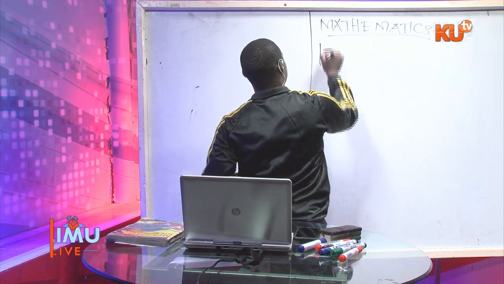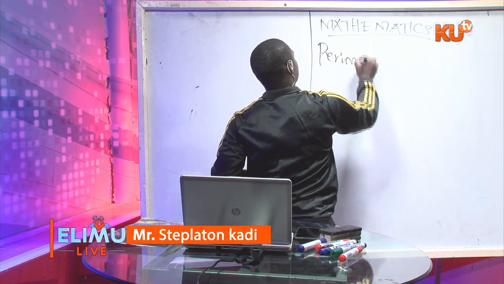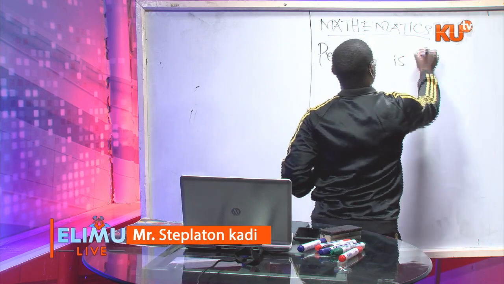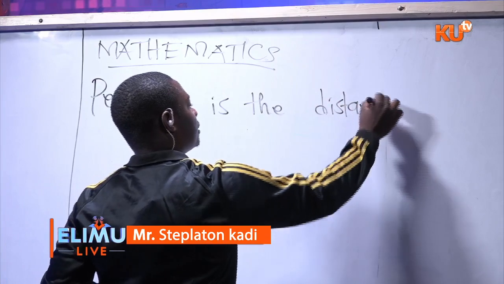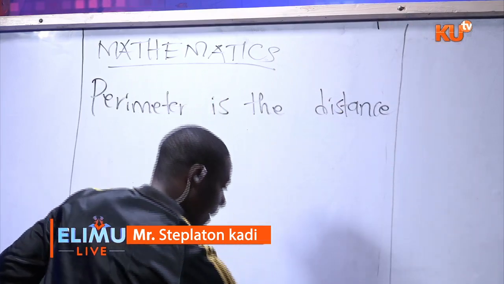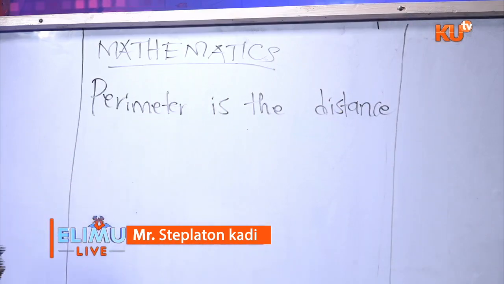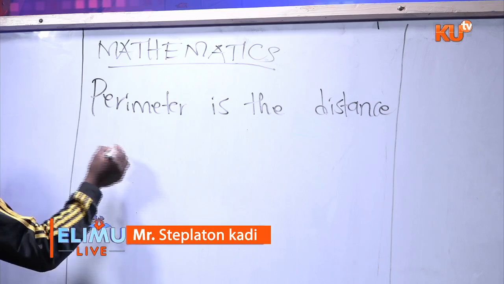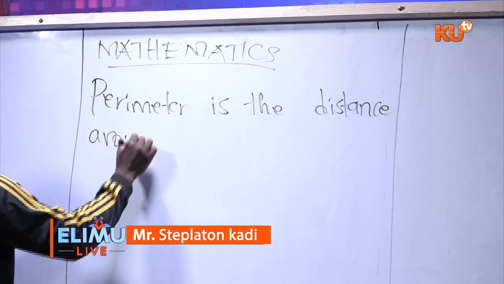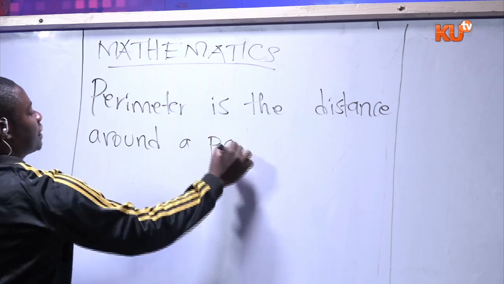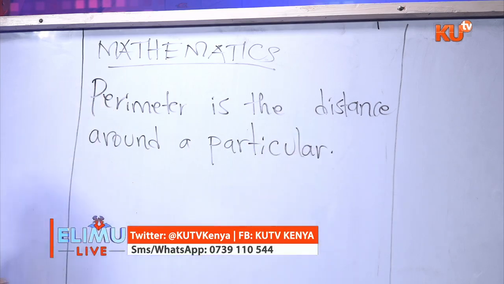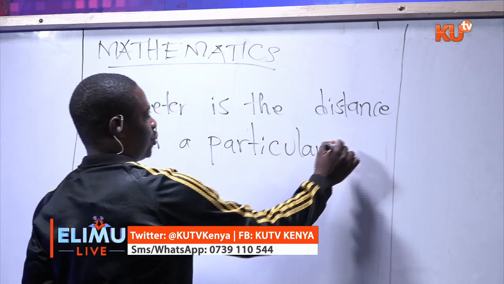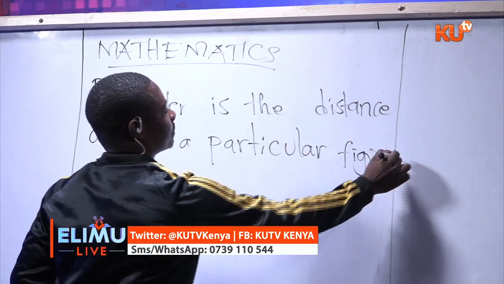So perimeter, let me write, is the distance around a particular figure. If you want to get the distance around a figure, you are getting perimeter.